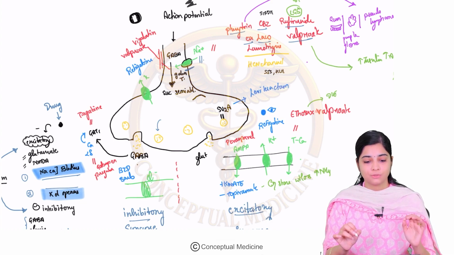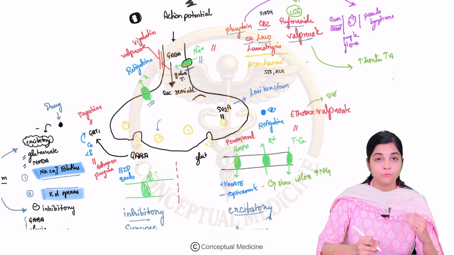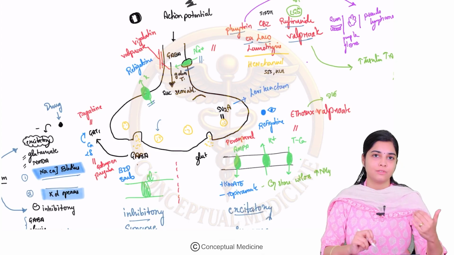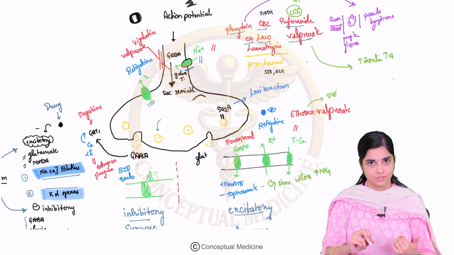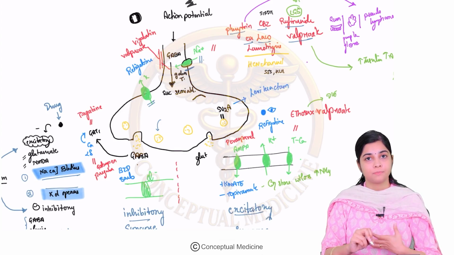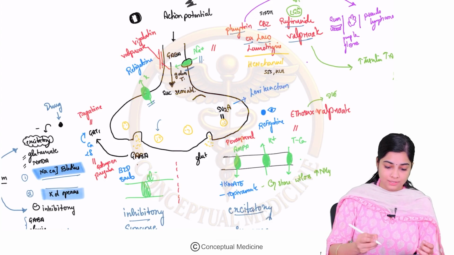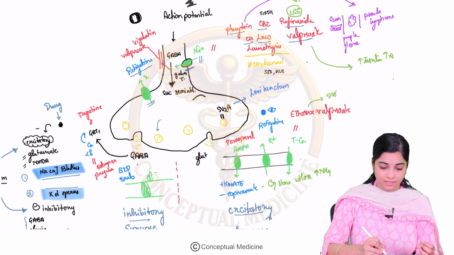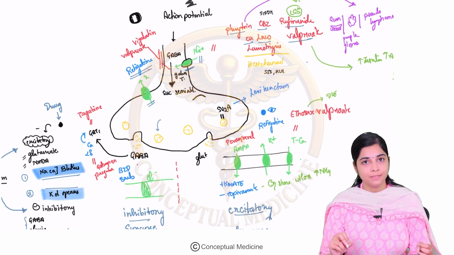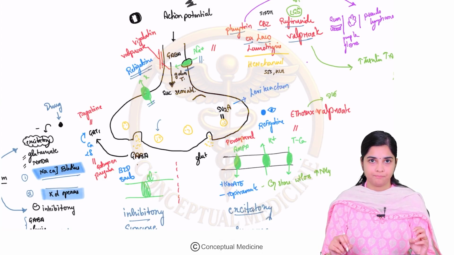So this is about your sodium channel blockers. Also, you can see here that the movement of potassium outside is also going to facilitate your neurotransmission, right? So we give potassium channel openers which prevent your movement of potassium outward. So what is your potassium channel opener? The drug is your retigabine. Retigabine is the drug which is your potassium channel opener.